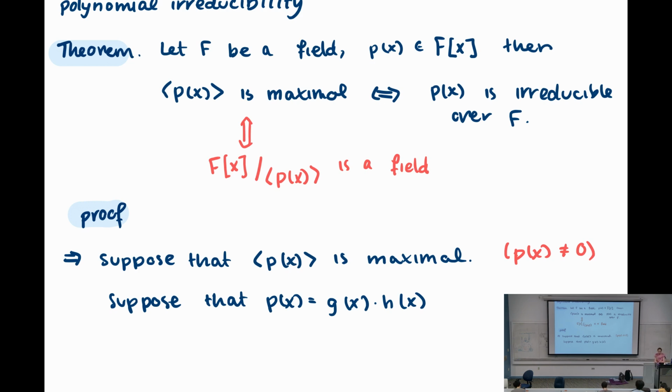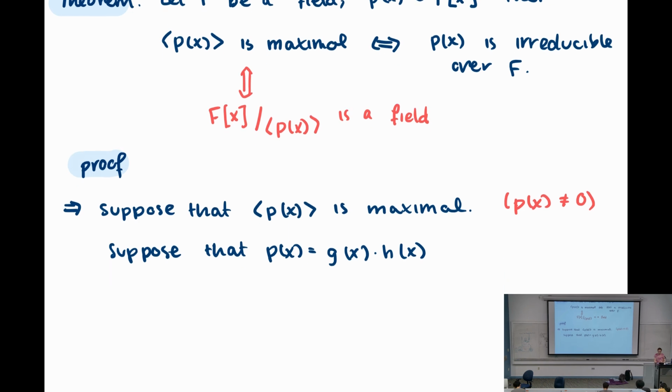Okay, so from this factorization, we can say that the ideal generated by P(x) is contained in the ideal generated by G(x). Why is that? The ideal generated by G(x) contains the element G(x) times H(x), which is equal to P(x), and anything in the ideal generated by P(x) can be written as something times G(x).